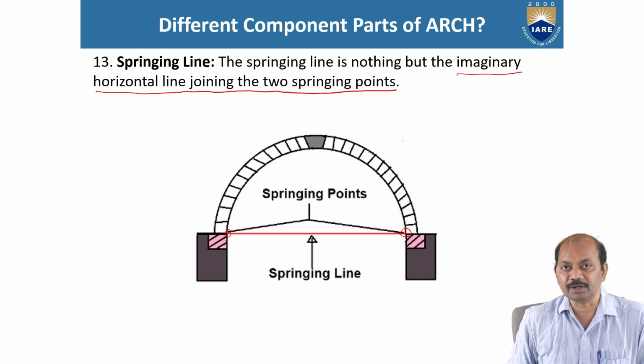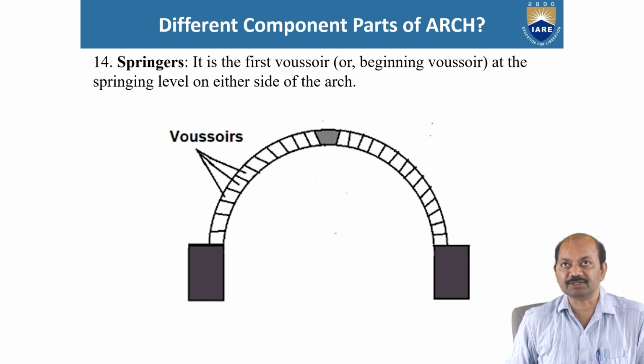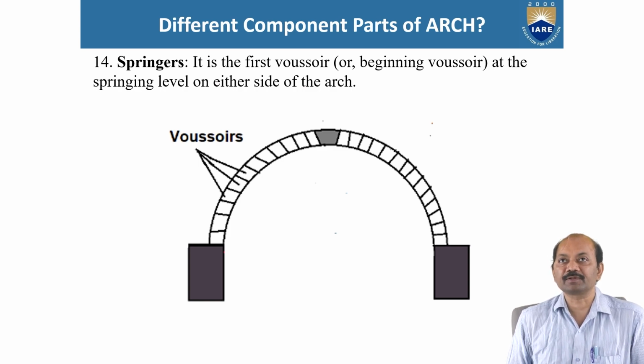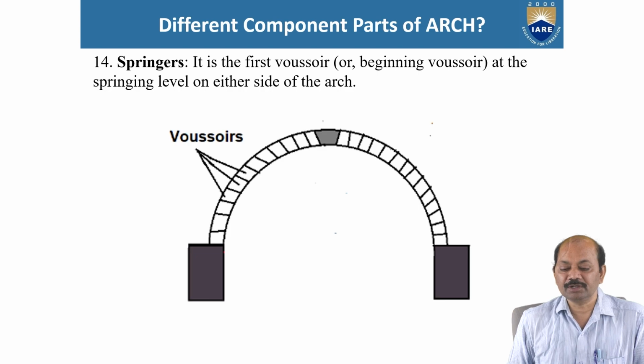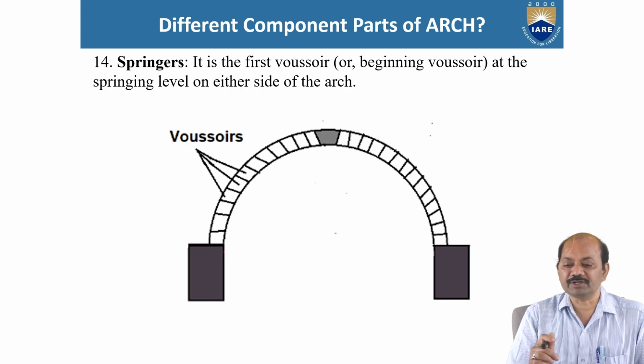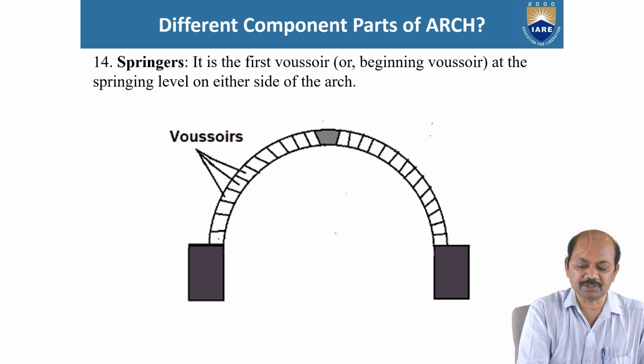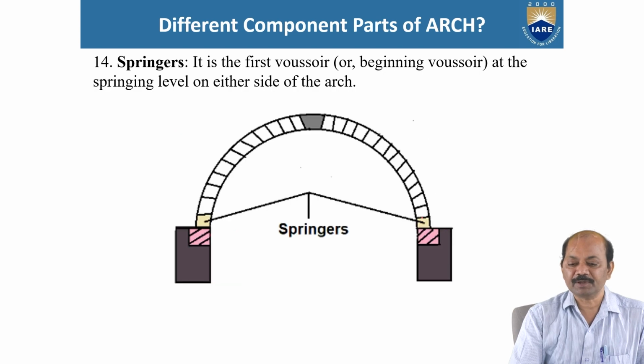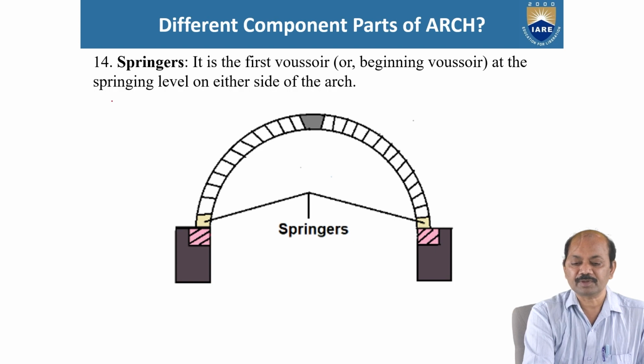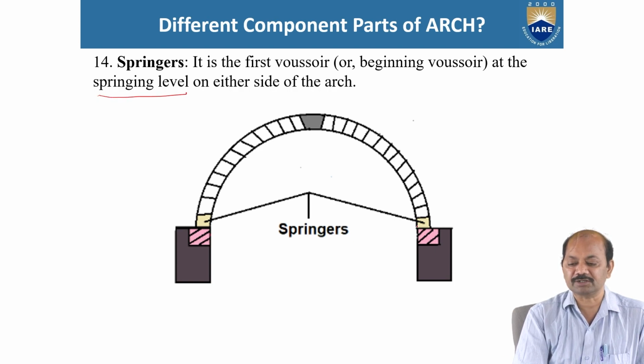Okay. Now next, springers. It is the first voussoir, or first voussoir means this. On the left side the first voussoir is this, and on the right side it is the first voussoir or beginning voussoir at the springing level on either side of the arch.